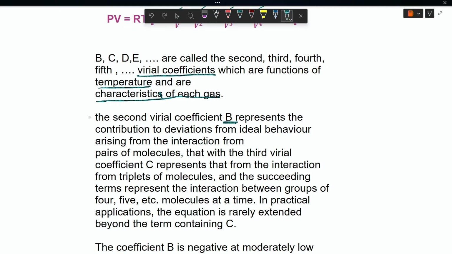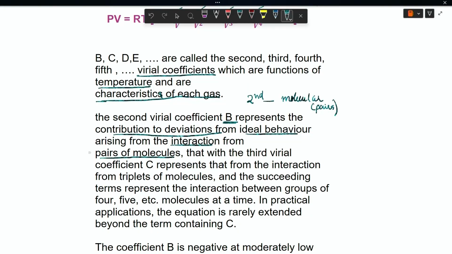The second virial constant B represents the deviation from ideal behavior arising from the interaction of a pair of molecules, that is, 2 molecules together.